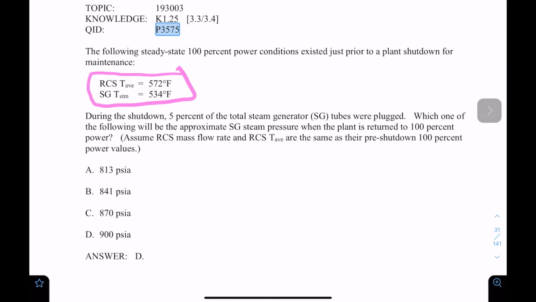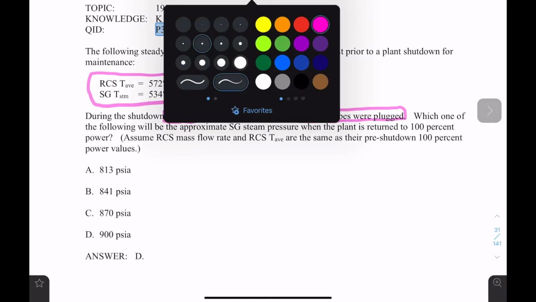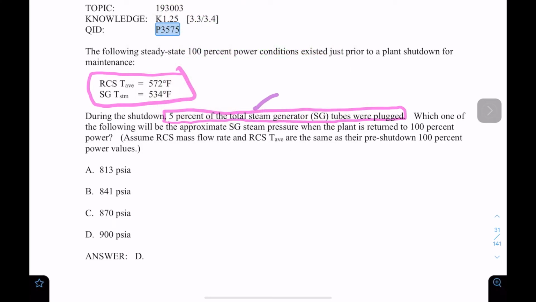So it says that during the shutdown, 5% of the total steam generator tubes were plugged. If 5% of the total steam generator tubes were plugged, that means that 95% of the steam generator was functional, right?